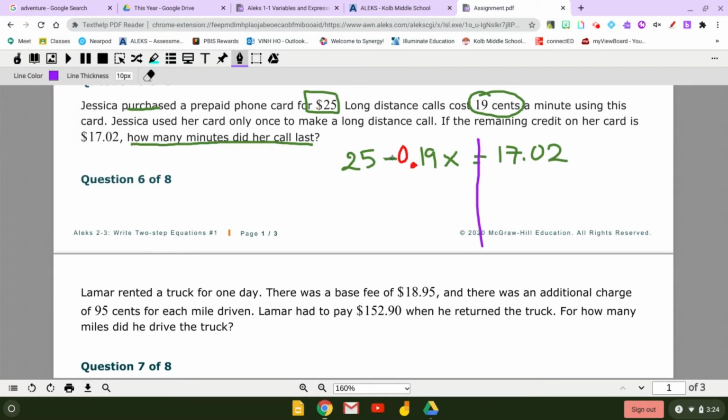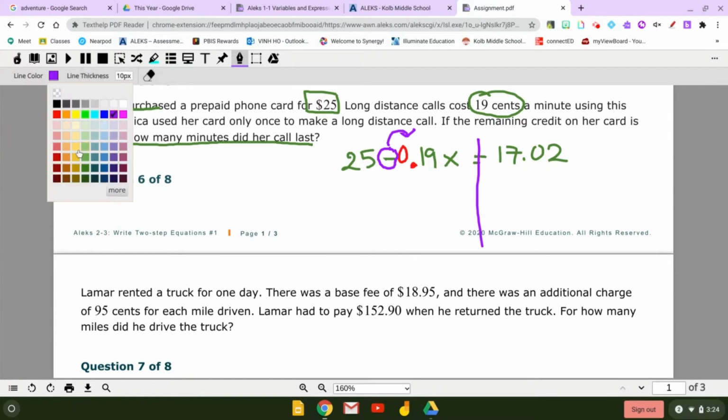Right, so we're heading to the addition and subtraction sign. What does this one belong to, 25 or 0.19x? It belongs to 0.19x, right? We want x by itself, so the first thing you have to do is move 25.